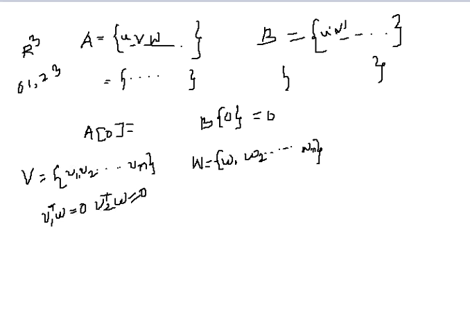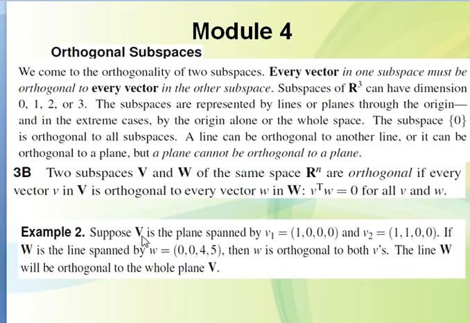The meaning of that is the same here. Suppose V is the plane spanned by (1, 0, 0, 0) and (1, 1, 0, 0). Then W is the line spanned by (0, 0, 4, 5). When we take the transpose of these with W, it's clear that V1 and V2 form a plane and W is a line.